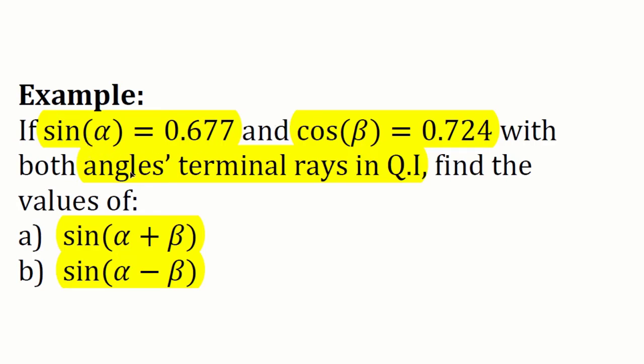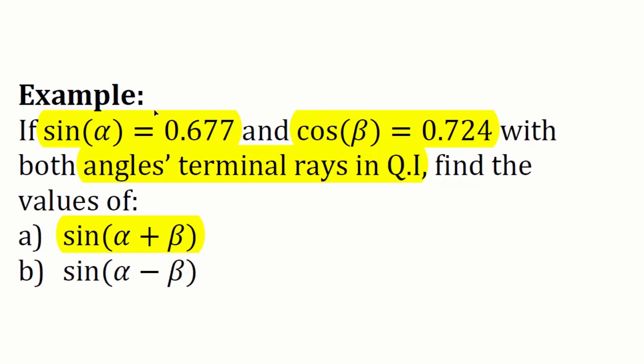In this problem I have sine and cosine, but maybe in your problem you can have both sine of alpha and sine of beta. The main point is that you will be given either a sine or cosine value, but on two different angles. That's how the problem starts. It starts out giving you two trig values, but on different angles.